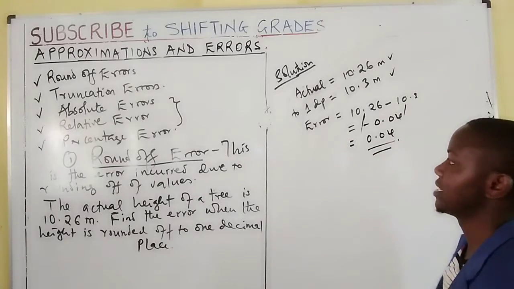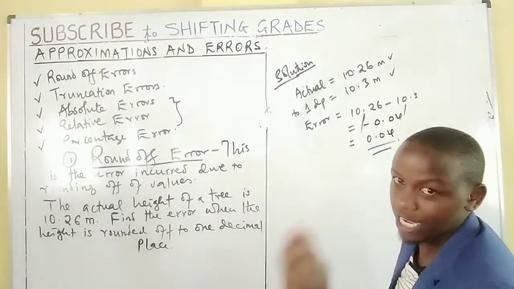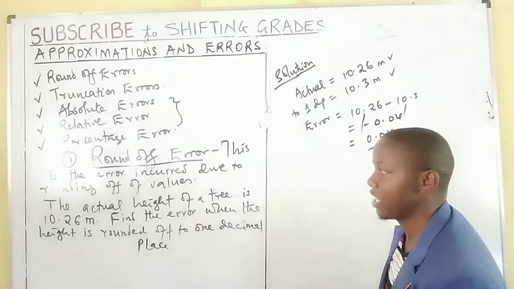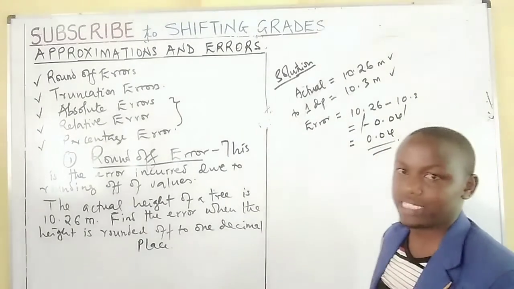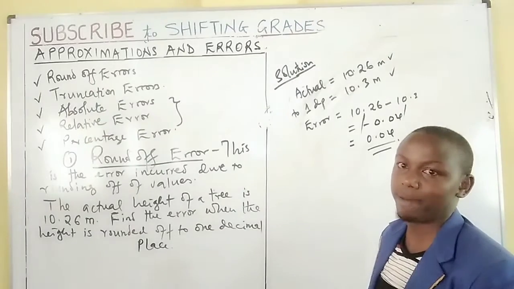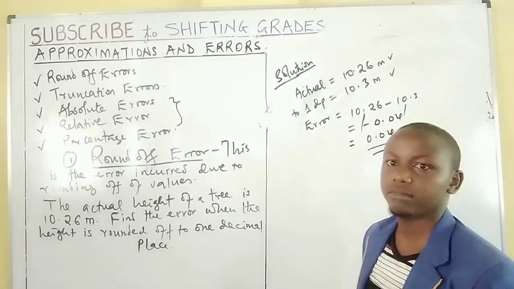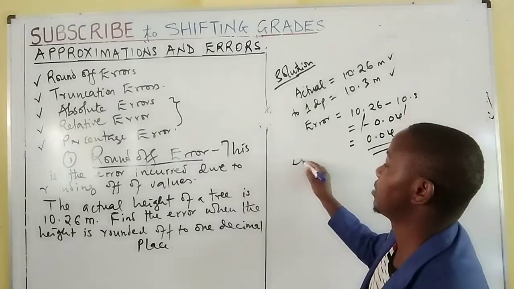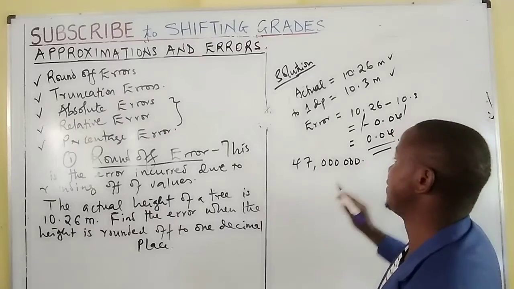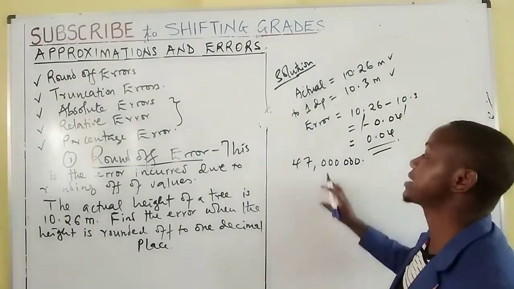It's good to note that when we are talking of an error, we just get the absolute value between the actual value and the estimated value, because some other times the estimated value can be above the actual value, some other times below. So if I say, for example, the population of Kenya is 47 million, this is an approximate I have made, but on the ground you may find things are different.